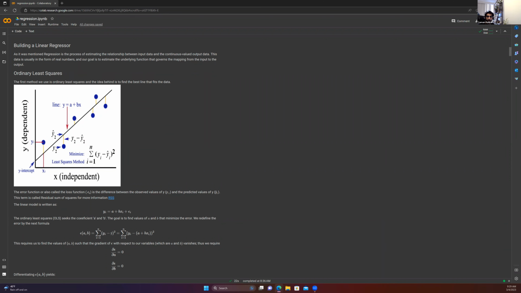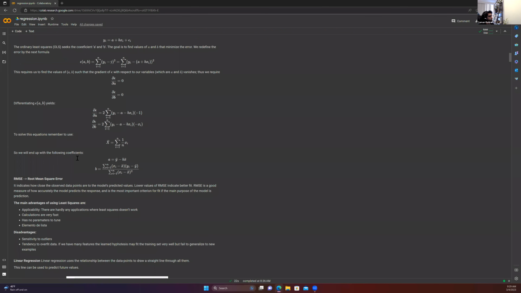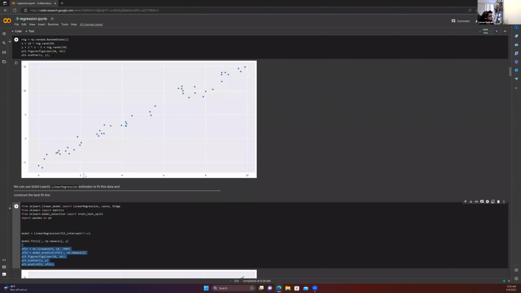I think it was Farzan who had asked about the squared error. So we have the actual y values for these data points, right? We know these coordinates. We know x and y. For example, in this plot, for this data point, x is 2, and we have a y for it, right?